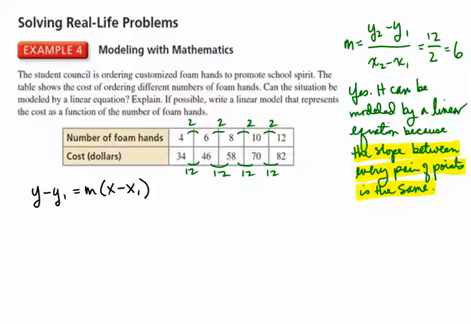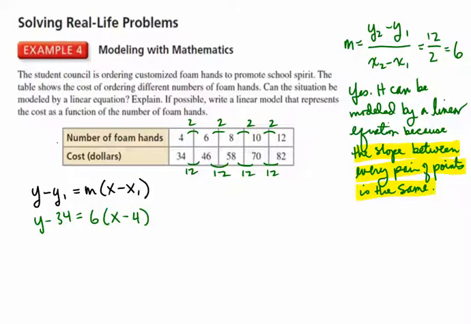So we'll come back to our example here, and we're going to use one of the points. We'll just use the first one: y minus the first y value, 34, is equal to the slope, which we found to be 6, times x minus the first x value, which was 4.